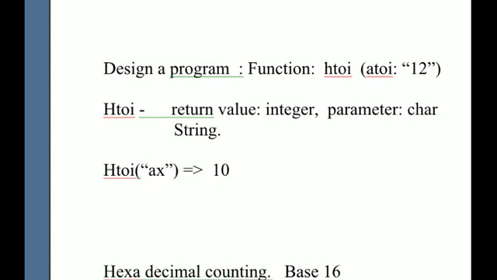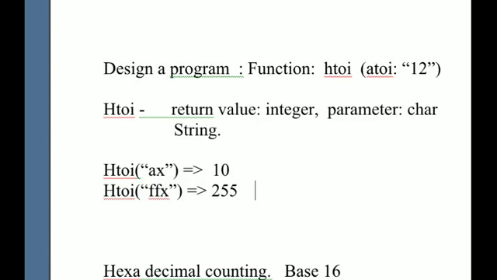Or another example, if we give h to I the string ffx, which means ff in hexadecimal, we want to get back the number 255, because ff in hexadecimal, f is 15, and then 15 times 16, and you will add them, you will get the number 255.